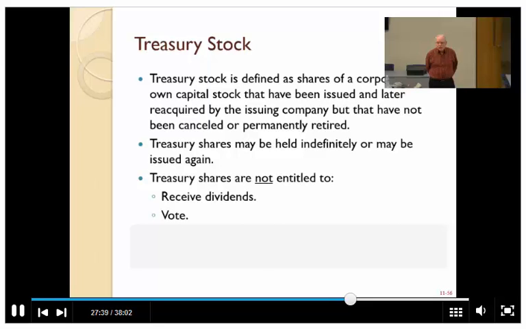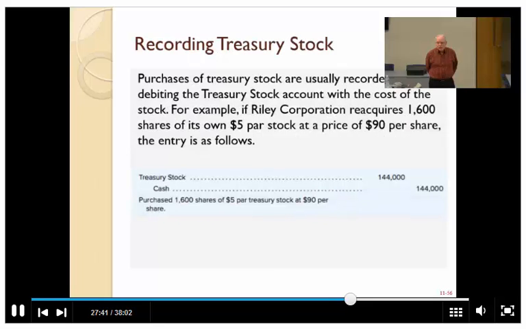When we go out and purchase treasury stock, we record it for what we pay for. So par value does not come into play here. Here we're reacquiring 1,600 shares of $5 par value stock for $90,000. So the entry is to simply debit treasury stock for $90,000 and credit cash.